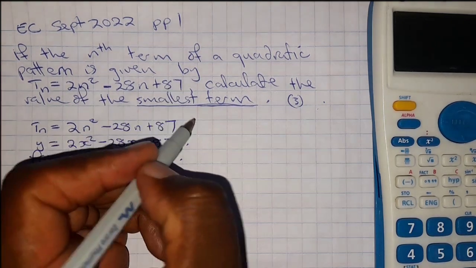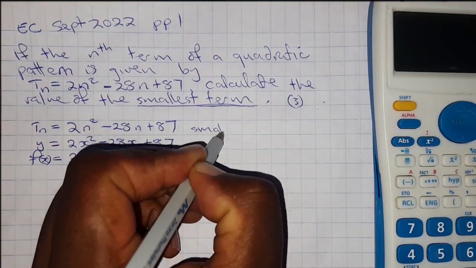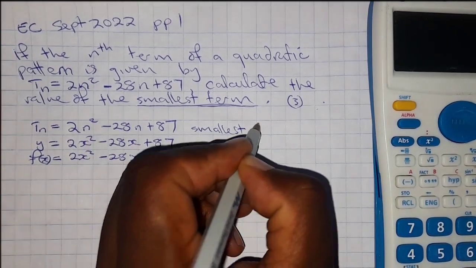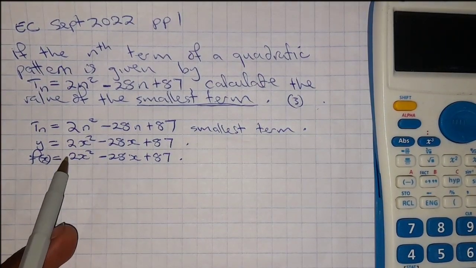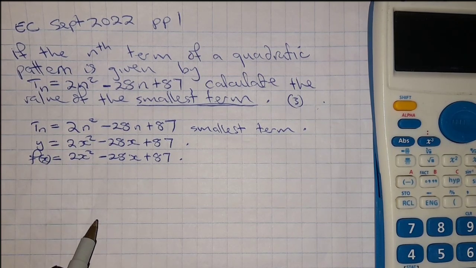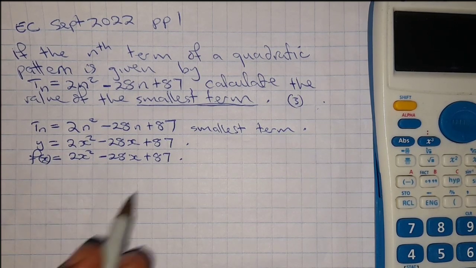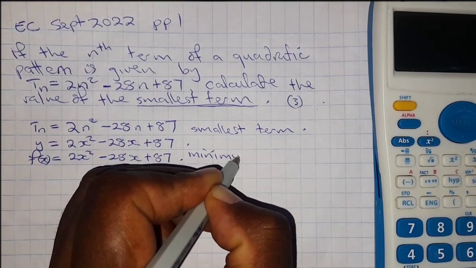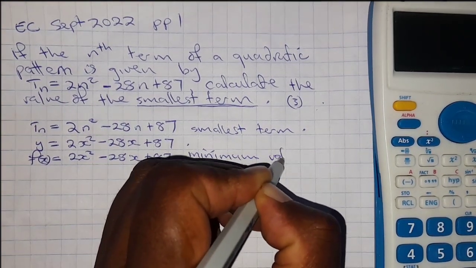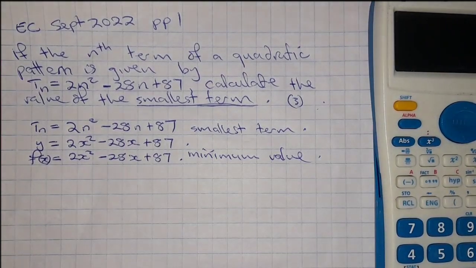So here we are calling it the smallest term. But when we talk about it in functions, we are not going to say the smallest term. We are going to say the minimum value.